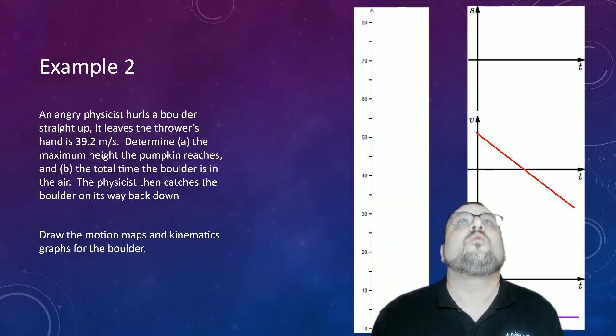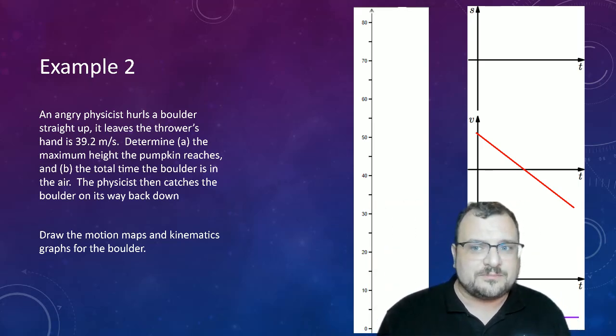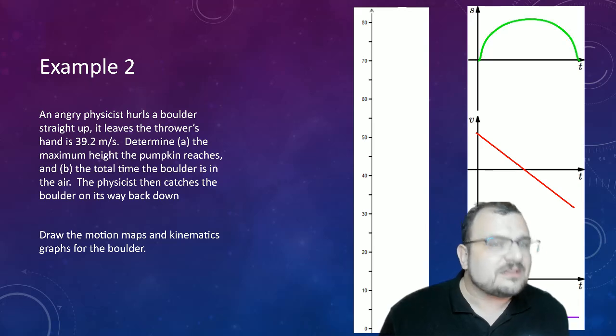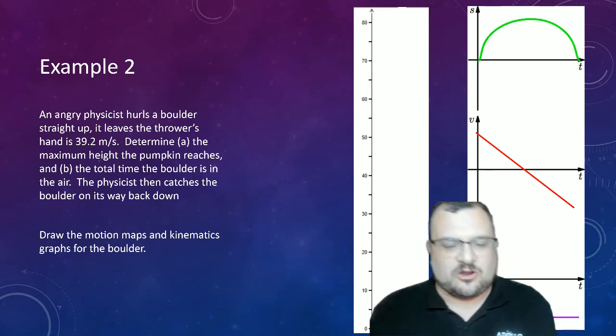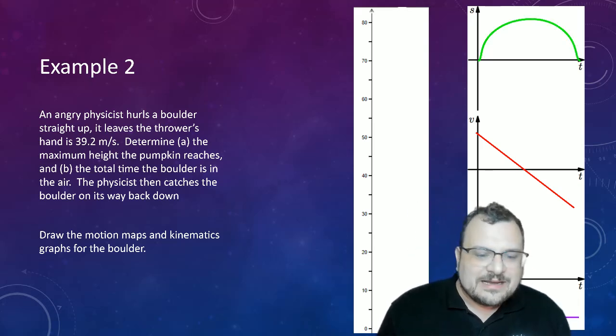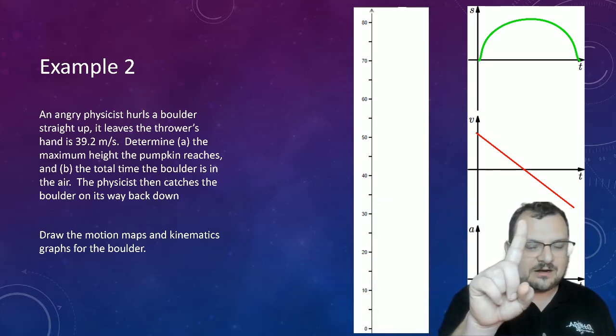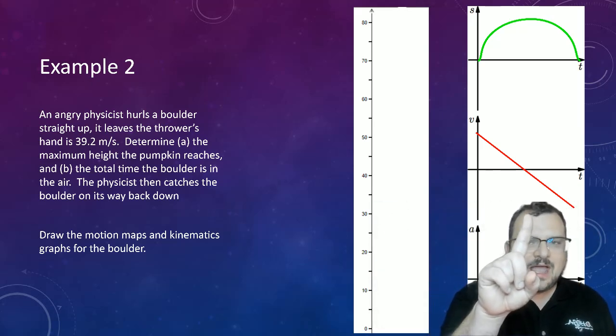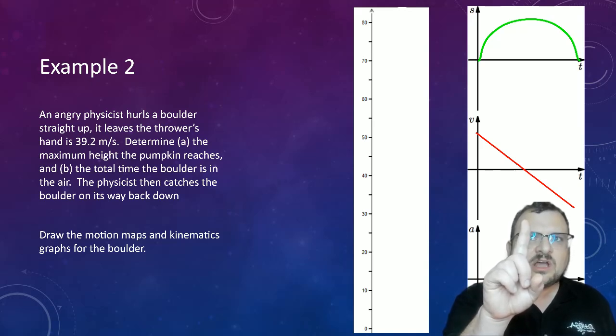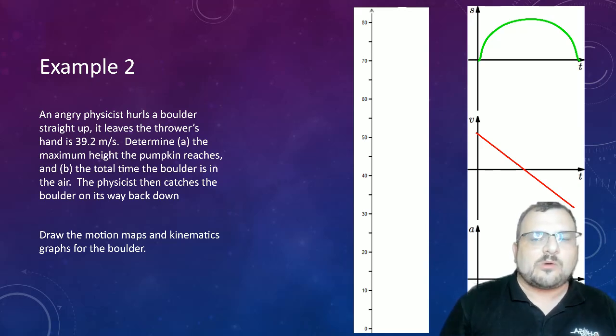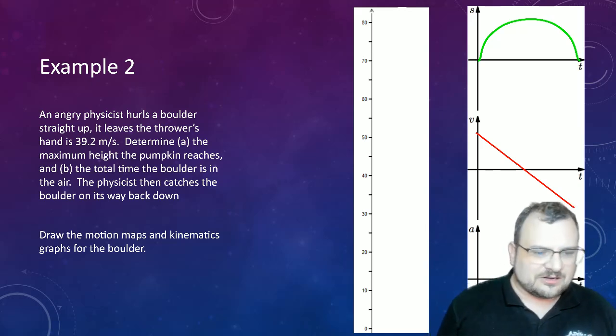And then for our position graph, it's going to look like it's going up and then back down, because it essentially is. Now, if you were to go and take this point right here and only keep the right-hand parts of those graphs, you would get exactly what we saw in that Galilean graph.